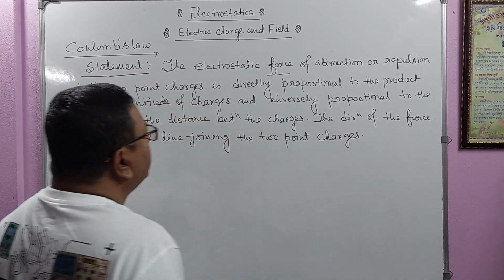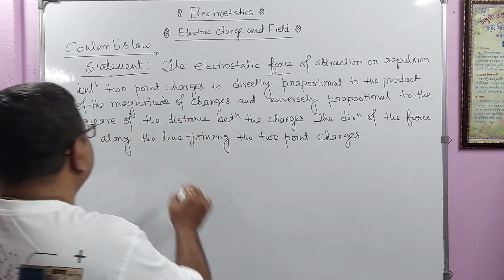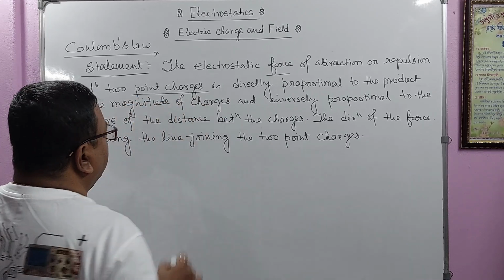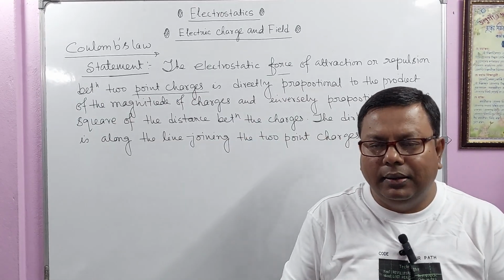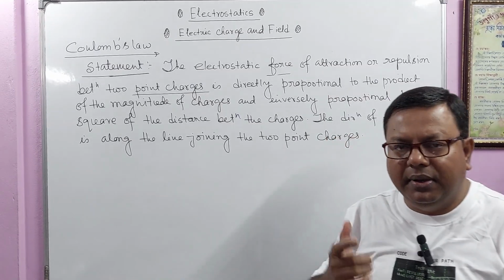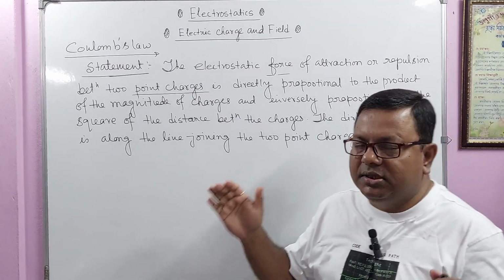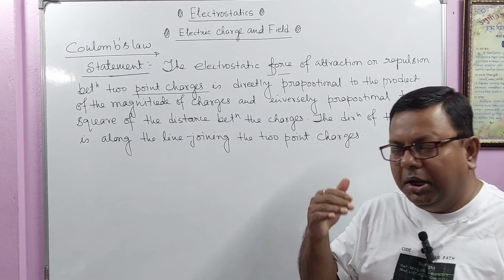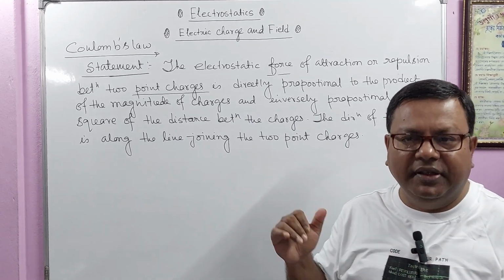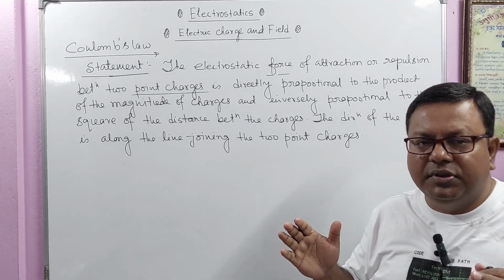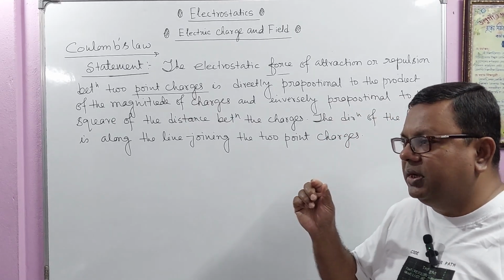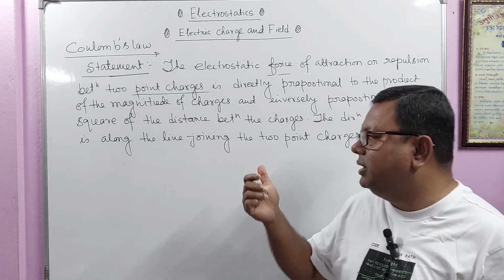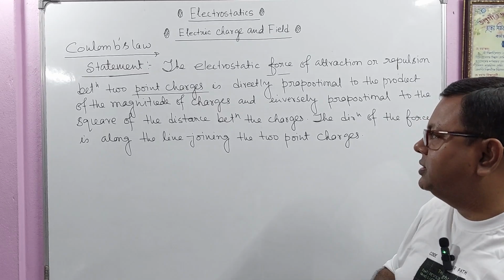Okay, so here the word point charges, when we are considering two charges which are very small in comparison with their distance. The distance between the charges is very big and the magnitude of the charge is very small. So we are considering the charges are point charges.